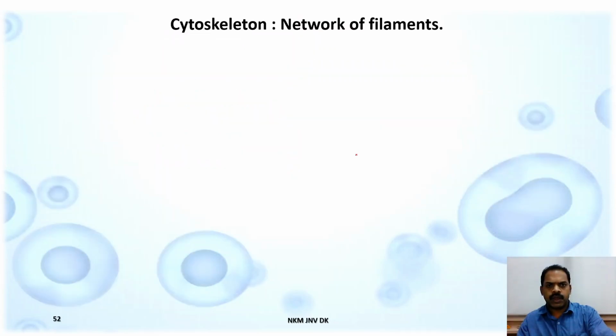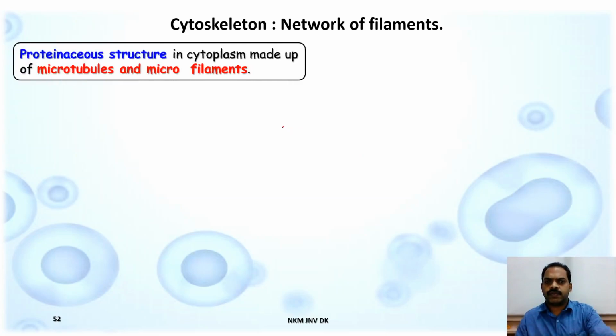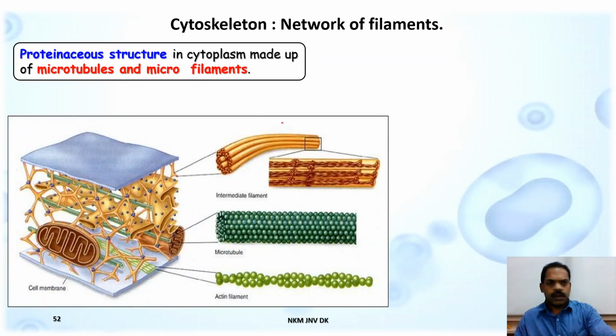Now let us discuss the cytoskeleton. The cytoskeleton is a network of filaments, especially proteinaceous filaments, that gives the proper shape to the cells. It contains microtubules and microfilaments, like actin, myosin. These actin filaments are proteinaceous filaments.